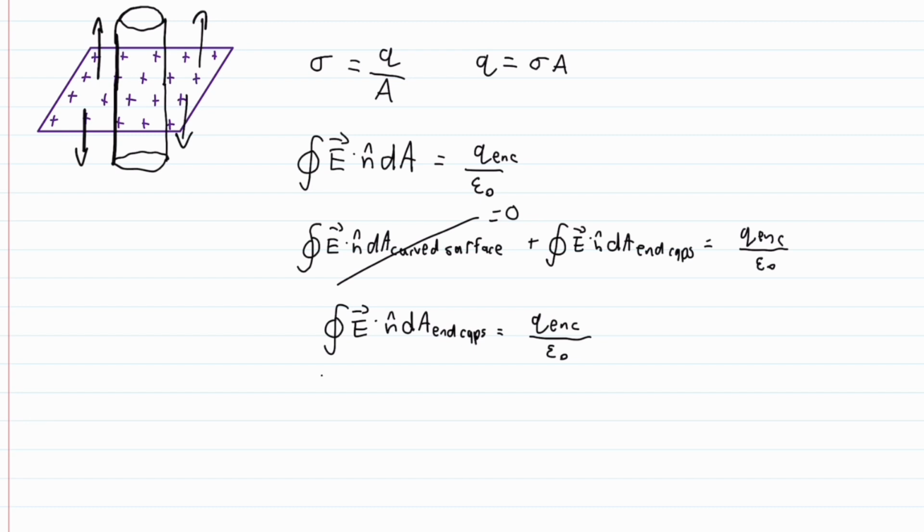So let's write that as 2 times E dot n dA for the end caps equals Q enclosed over epsilon naught. Now let's think about what this integral is going to be. Because the electric field and the normal vector are parallel, this can just be written as EA.